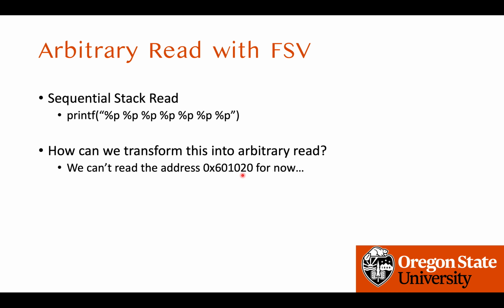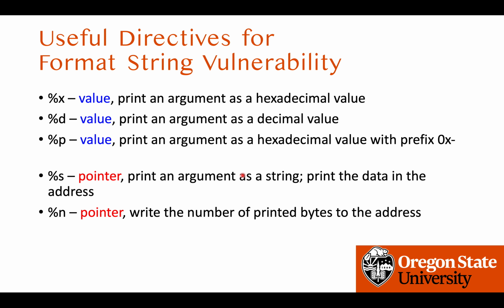Before getting into that, let's check the directives again. The difference between these two sets of directives: %x, %d and %p expect an argument as an integer value and just print that in the format. And %s is a special one.